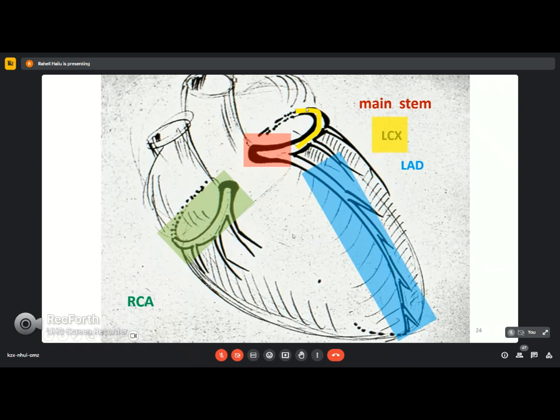You have the right coronary artery and the left coronary artery, which then bifurcates into two major branches: the left anterior descending artery and the left circumflex artery. So these three branches are the major arteries that cover a significant portion of the wall of the heart.